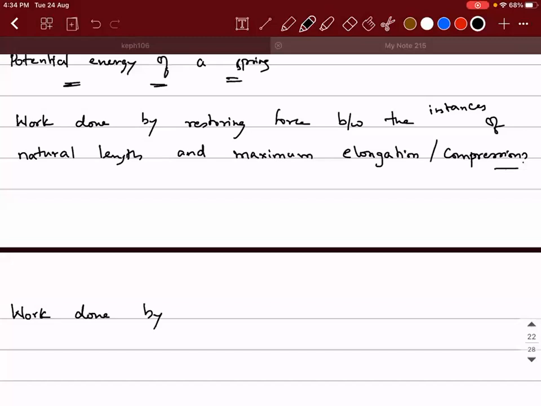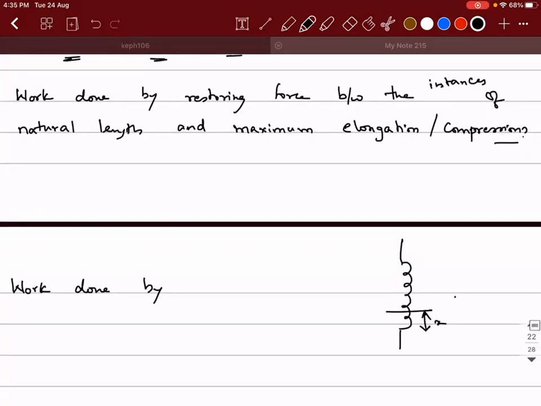Work done by restoring force. See, let's say at some instance the expansion is x. And from that x, let's say the restoring force is doing a small amount of work to compress it by a distance dx.